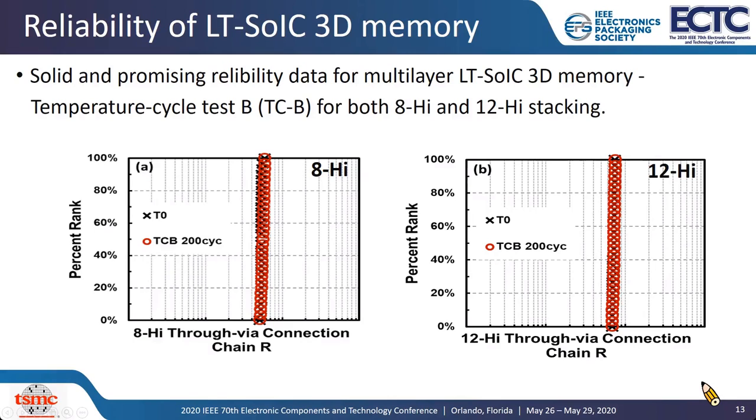The results are shown in the left figure for 8-high and the right figure for 12-high DRAM cubes. It is clear that the curve of TCB 200 cycles matches well with the data of time 0, which indicates the low-temp SOIC bonded chain is very reliable, whether 8-high or 12-high 3D memory.